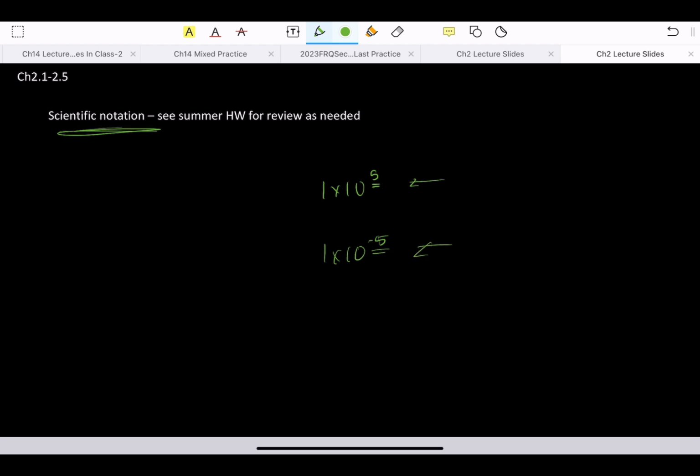That's super important because that's going to give us a quick way to double check our math. If we are talking about a number of atoms, for example, a number of atoms is never going to be a negative exponent. That doesn't make sense because you can't have less than an atom. So it ought to be somewhere in the land of positive exponents.